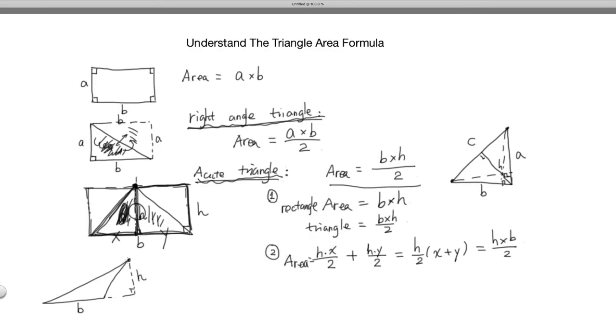Notice that now the height is actually outside of this triangle. So what's the formula for this obtuse triangle? Again, you probably have guessed it. The area is also going to be equal to b times h divided by 2.